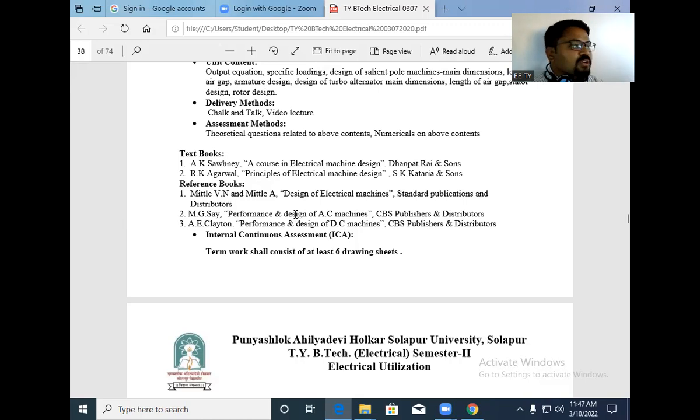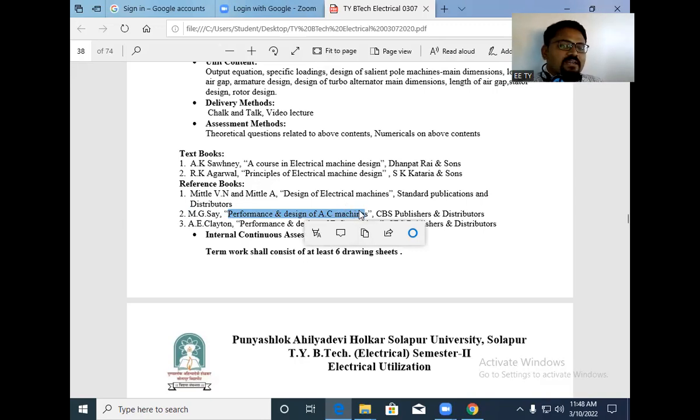Now below that, write down reference books. Write down first: Performance and Design of AC Machines.